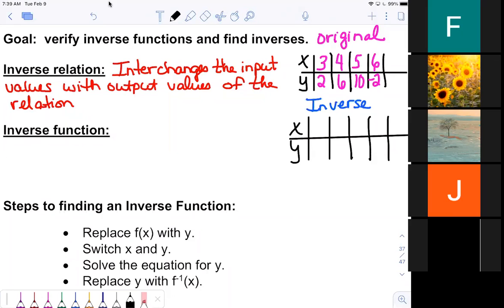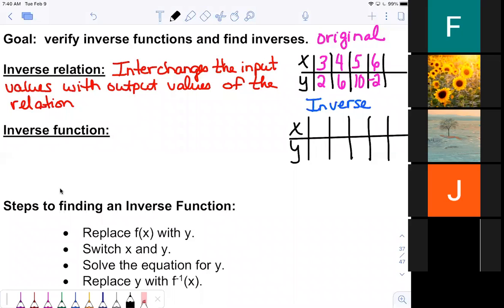Grace, what do you think it means to interchange the input and output values of the function or of the relation? What would the word interchange mean? Ella, what do you think interchange means? If you're interchanging the input and the output values, what do you think that means?